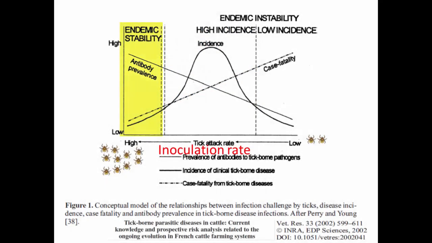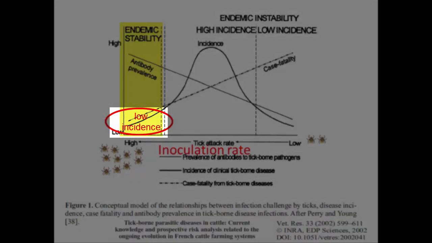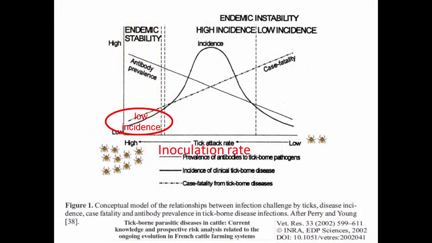So as you can see, when there is endemic stability, the incidence of cases is low, usually in those animals that have not been exposed to ticks in the first year of life. And obviously, the higher incidence of cases a year is going to take place in places in between, where you have many animals that are seronegative, and any spike in the number of ticks will be enough to inoculate enough babesia to cause disease.